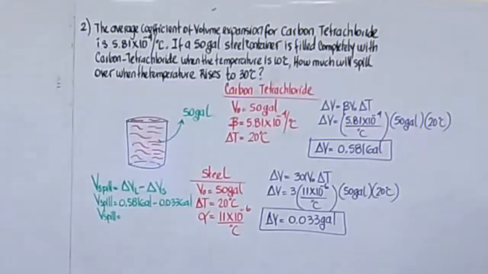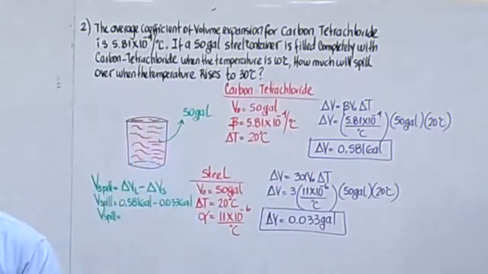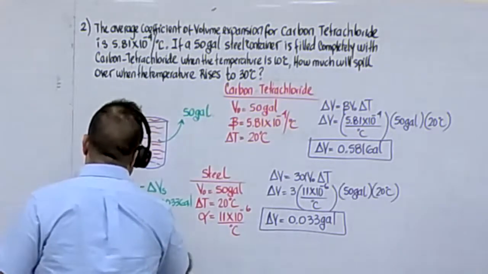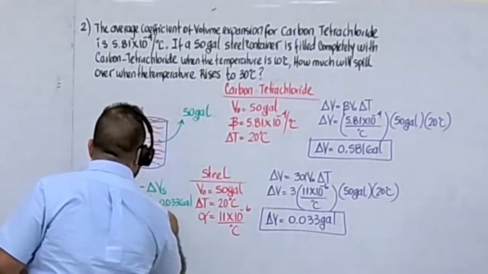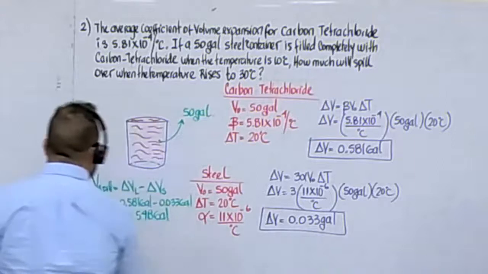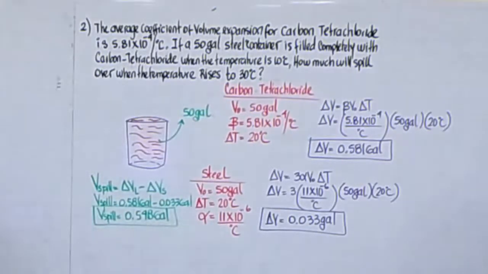The answer will be 0.581 minus 0.033, so the answer will be 0.548 gallons. And that's it. That's all we have to do to solve this problem.